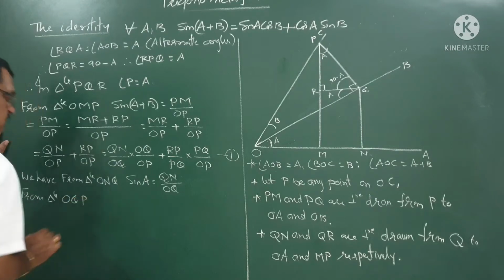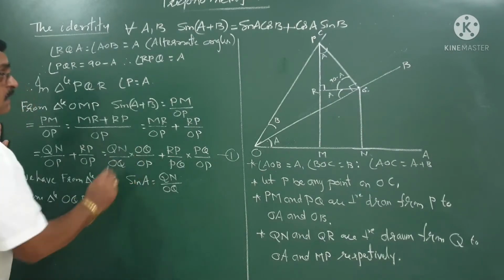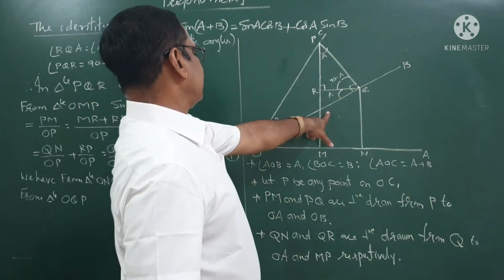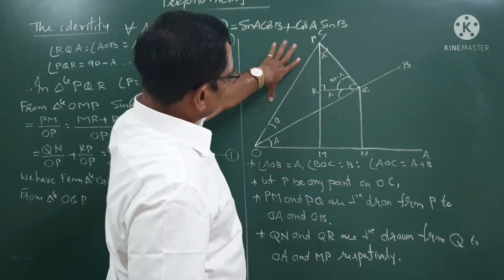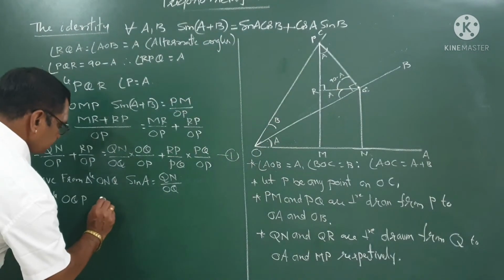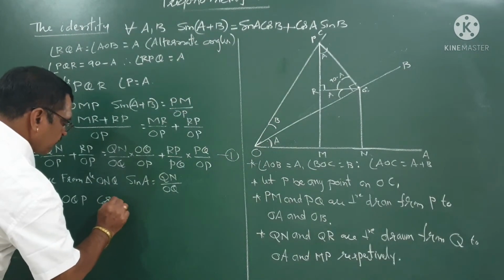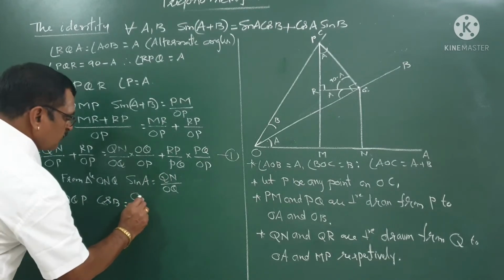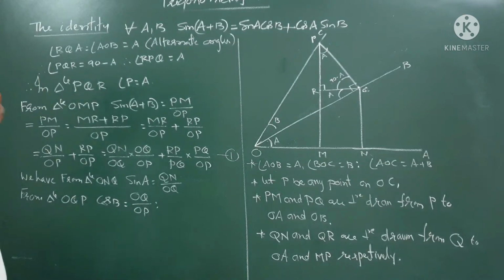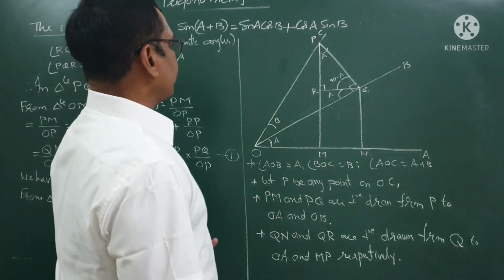OQ is the adjacent side and OP is the hypotenuse, so cos B is equal to OQ by OP. Next, RP by PQ. Where is RP?